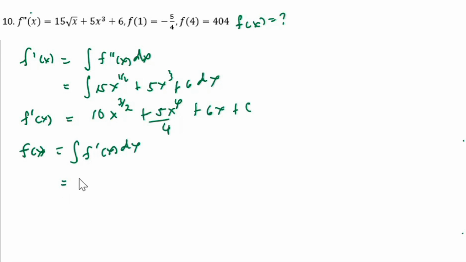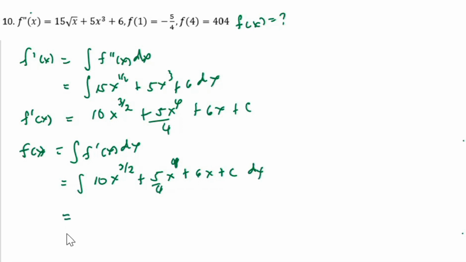So by substitution, I just write the integral of 10x raised to 3 halves plus 5 over 4 of x raised to 4 plus 6x plus a constant, dx.